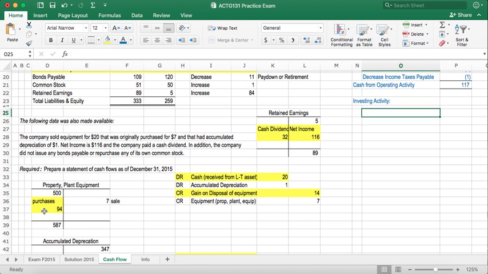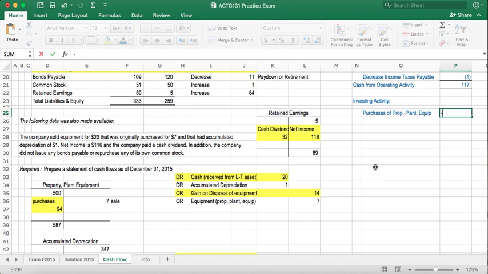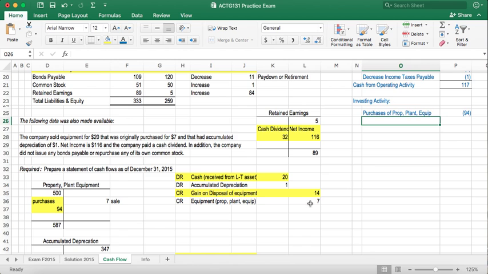So we have purchases of 94. And if we purchase something, it's a reduction to the statement of cash flows. And then we have this cash received from the long-term asset, also known as proceeds.